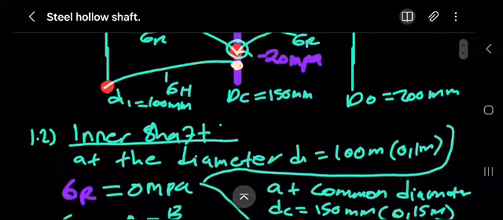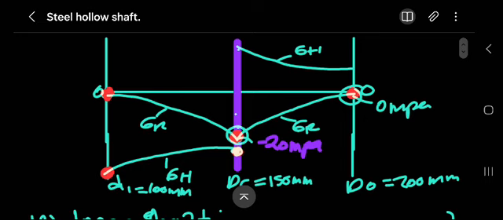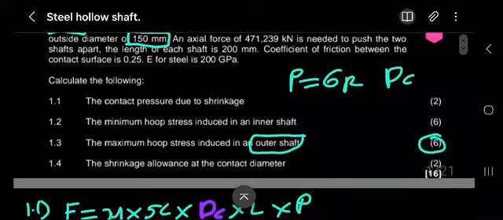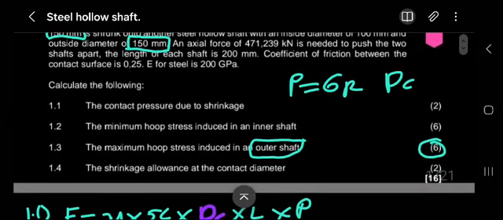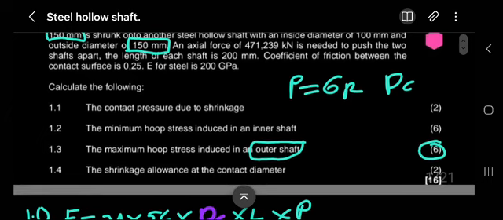That is A. Now we find the hook stress at the outer shaft. We want the hook stress at the outer shaft.